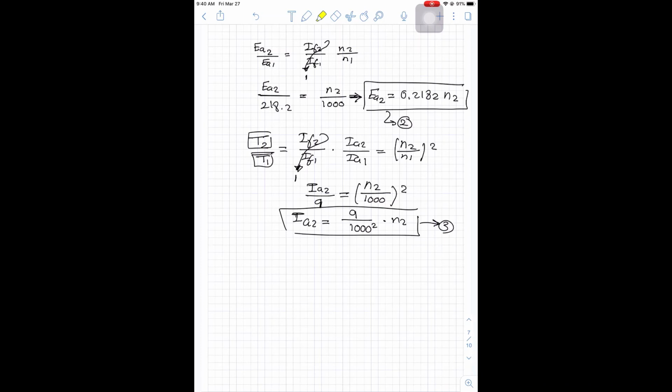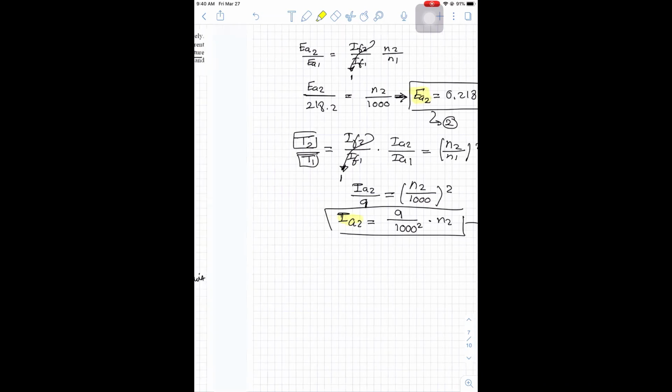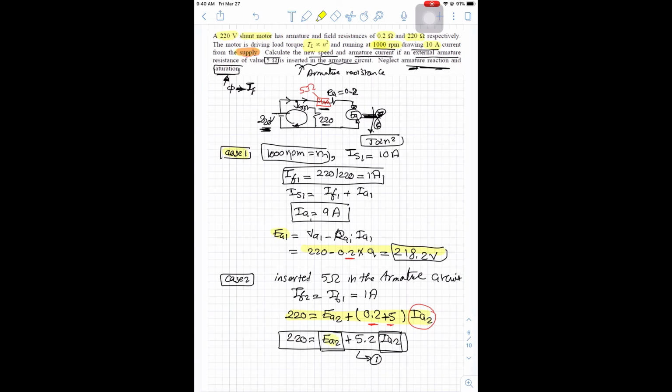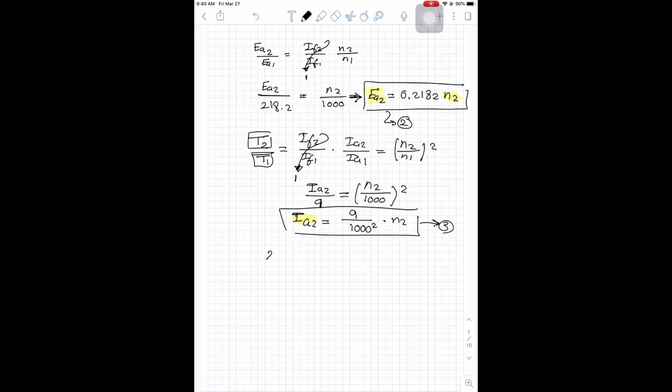Now we have 3 equations, and we have 3 unknowns: N2, EA2, IA2. So we can substitute the three equations together and solve them to get the three variables. The idea here is to keep N2 as our variable and rearrange the equation. So we can substitute for EA2 here, and for IA2. We have 220 volts equals EA2 plus 5.2 IA2.